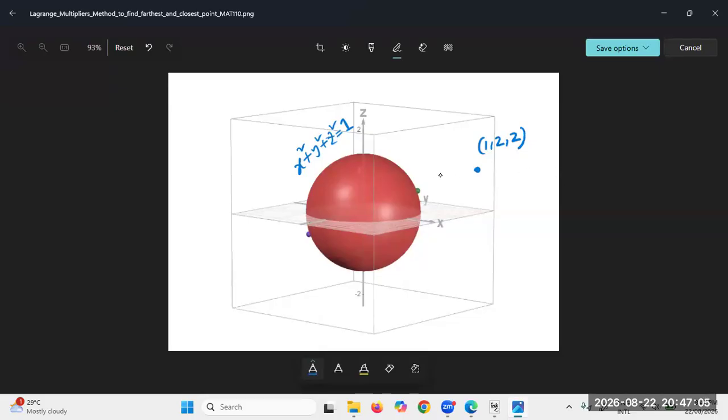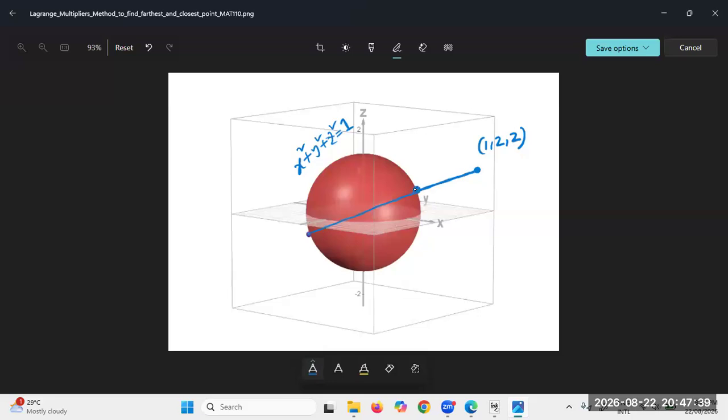So the question is, find the points on the sphere which are the closest to and the farthest from this given point 1, 2, 2. So this point is closest to the point 1, 2, 2, and this one is the farthest point on the sphere from the point 1, 2, 2.